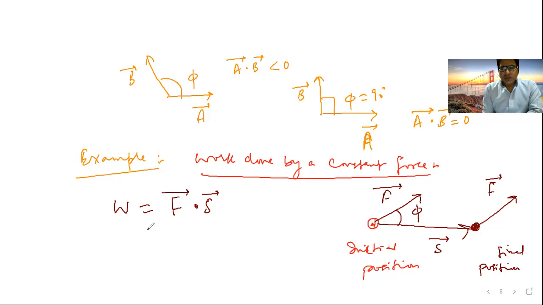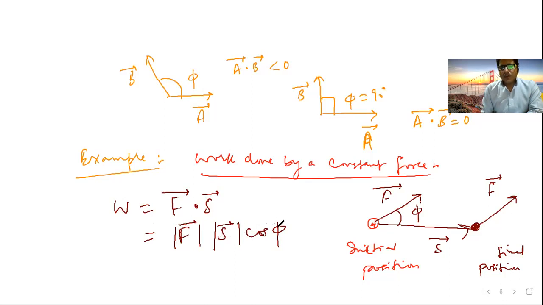So all things related to dot product are applicable to work. That means it is magnitude of F, magnitude of S into cosine of the angle between the vectors, right? If phi is 90 degree, then work done by the force is 0, right?